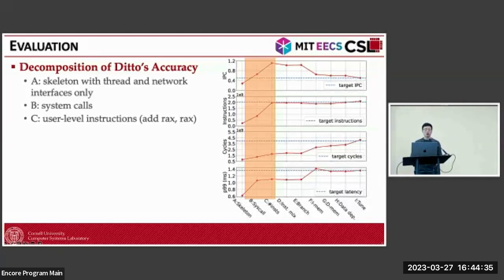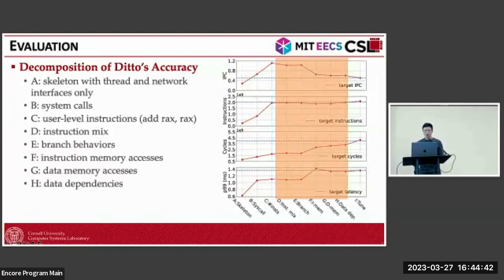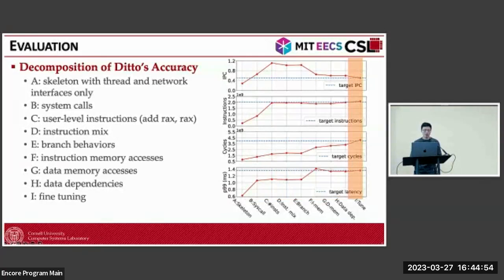And at this point, we can still observe the gap to the target performance. And next, we incorporate the branch behavior, instruction and data memory access pattern, as well as the data dependency. So we can find the performance gradually converges to the target. And finally, we perform the fine-tuning, which calibrates the profiling errors and further improves the accuracy.